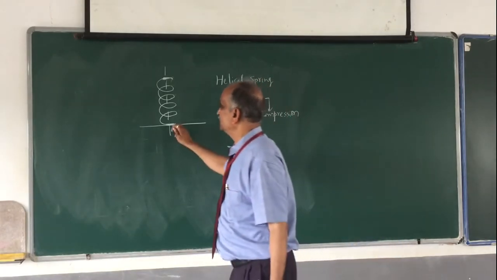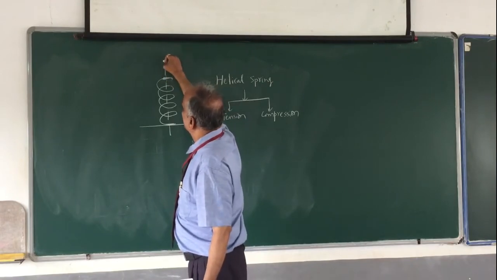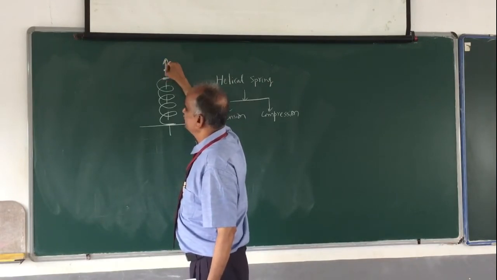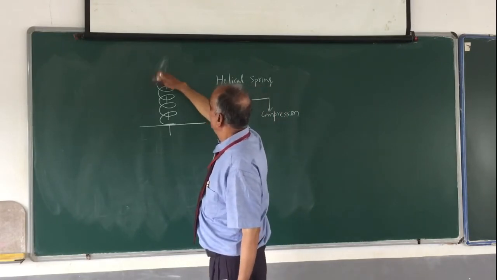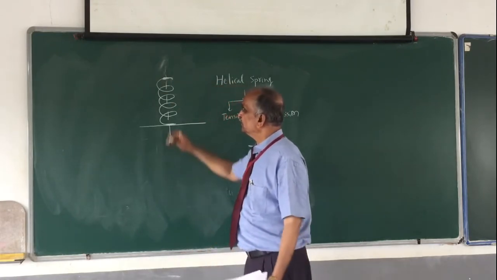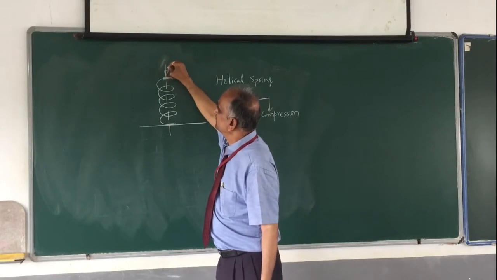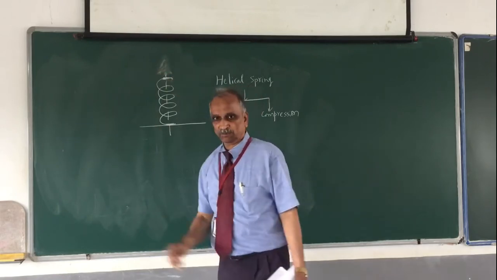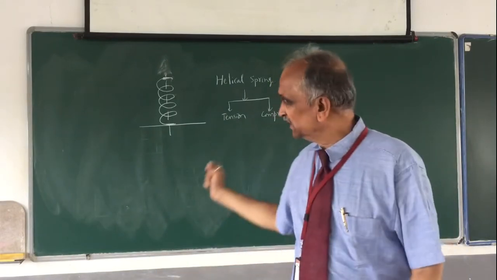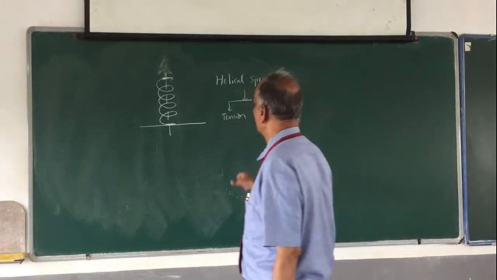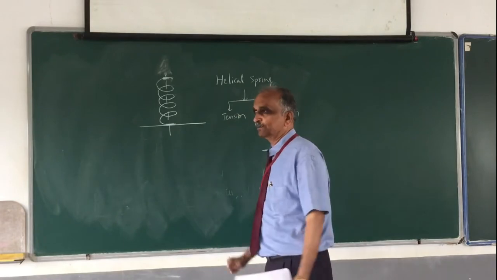If this end is fixed and you apply this kind of load, so we have tensile load and the spring is called a tension spring. And if you apply compressive load like this, then the spring is called a compression spring. There is also a small change in the construction of the tension spring and compression spring.